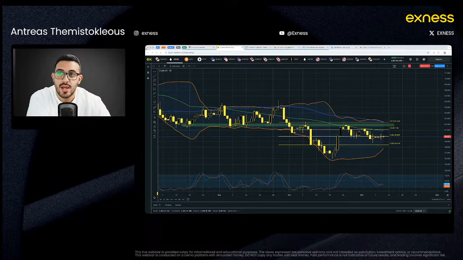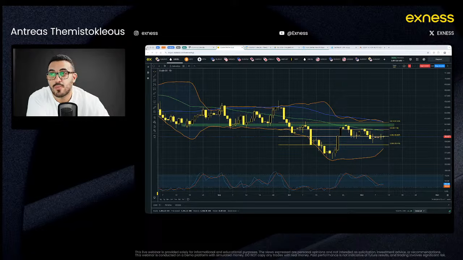So you see here the 50%, which is around the 100,000 level. It's a very strong technical support on the price. And the price is currently testing the 38.2. So what I can deduce from this is that if the 38.2 holds, right, then we might see some retracement down to the 100,000.